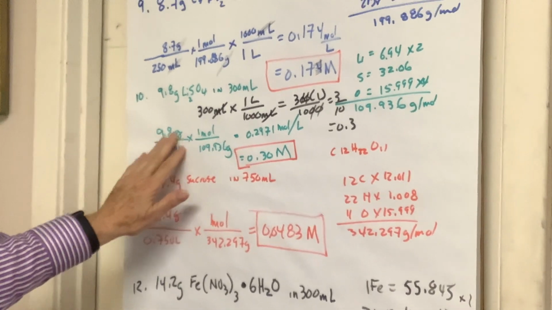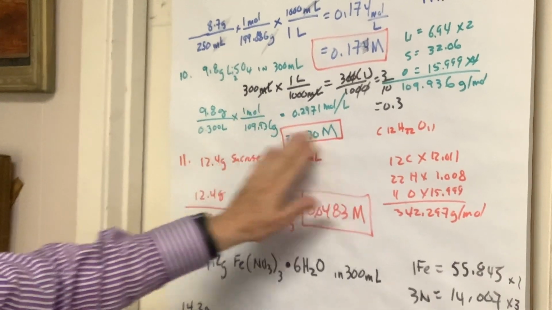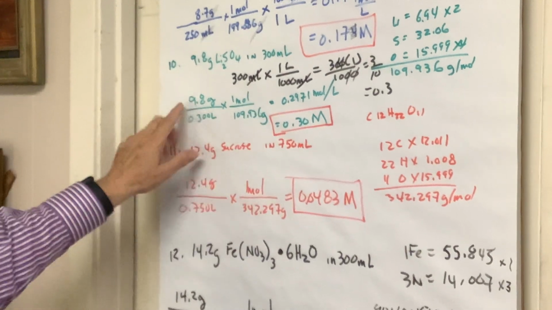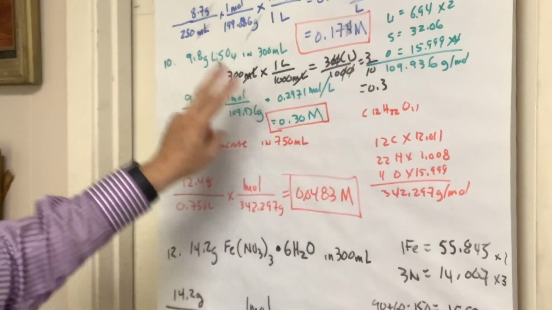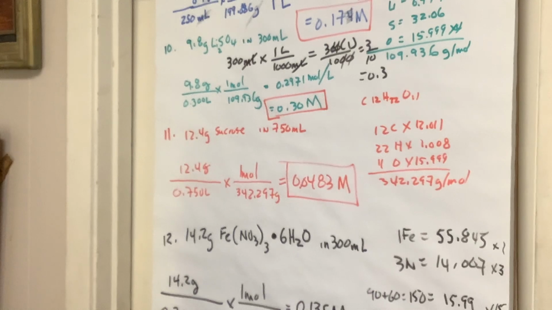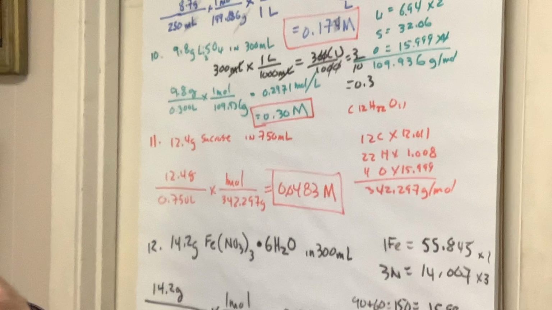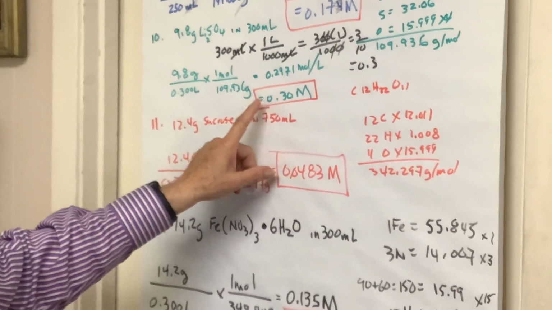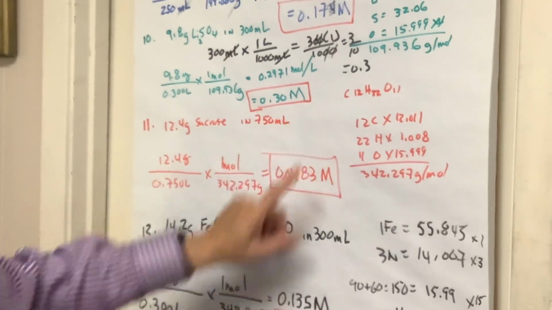So I have 9.8 grams per 0.3 liters, and I know that 1 mole from my previous calculations is 109.936 grams, and that gives me 0.2971 moles per liter, but I can only have 2 sig figs, and that rounds to 0.30, correctly or properly reported as 0.30 moles per liter, which is the same as 0.30 molar, big M. Watch your units.